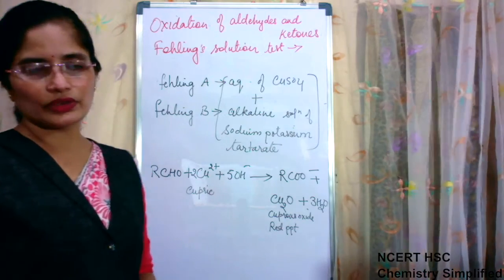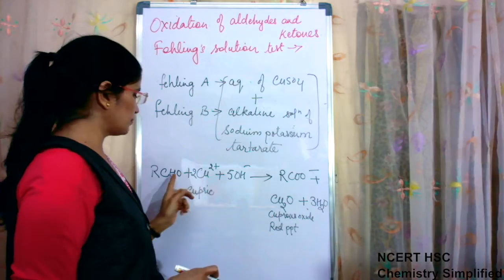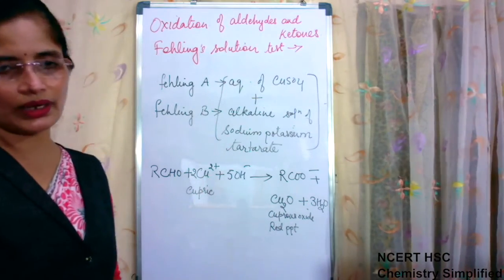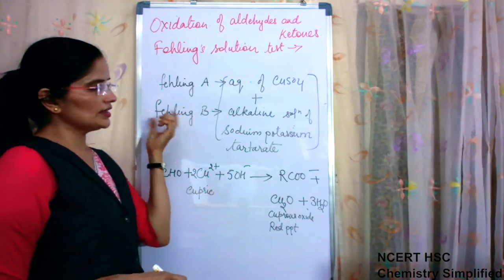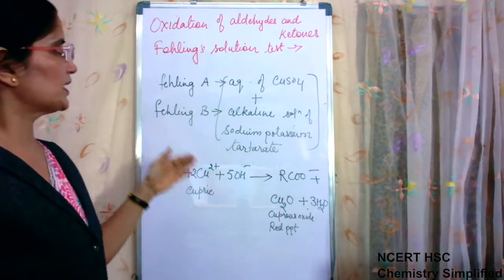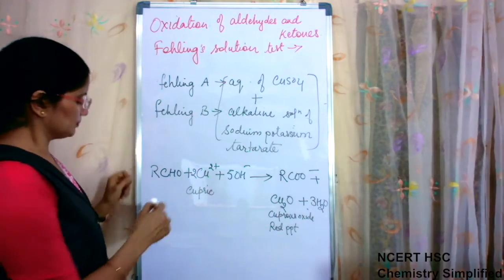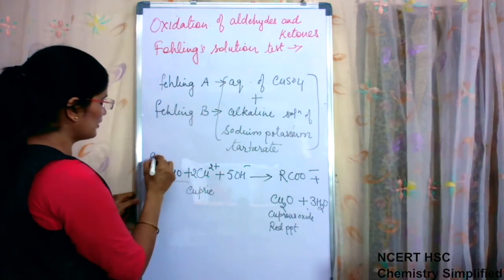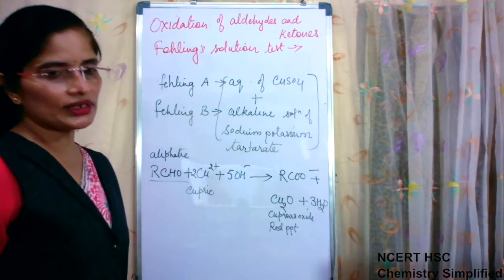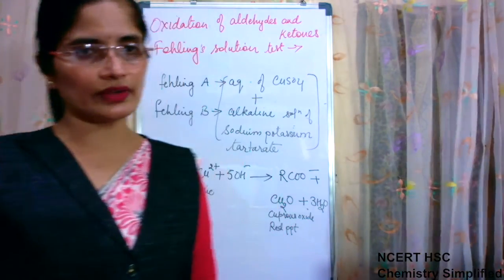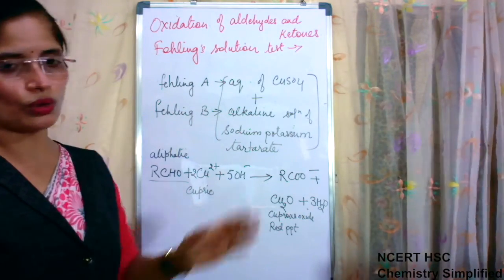So this is your reaction for the Fehling test, which is given by aldehydes, not given by ketones. Fehling solution is comparatively much weaker than Tollens reagent. That is why only aliphatic aldehydes give this test. Aromatic aldehydes do not give the Fehling test because it is much weaker than Tollens reagent also.